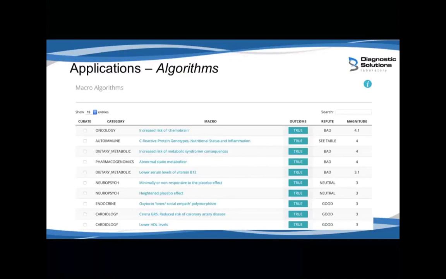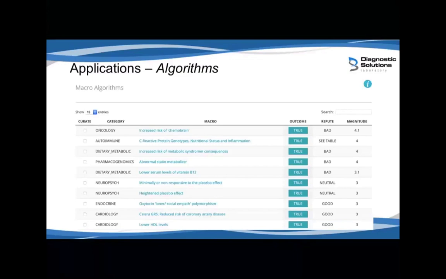So they're able to discover SNP associations with certain diseases, or risks for certain things. For example, increased risk of chemobrain, CRP protein genotypes and how they relate to inflammation, increased risk of metabolic syndrome. These are all algorithms that were true for this individual whose genomics we're looking at.